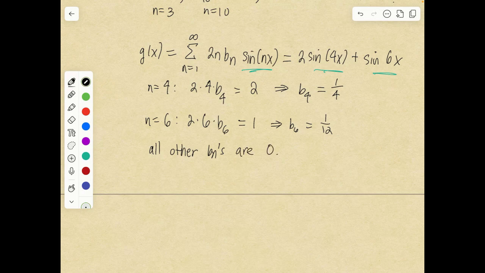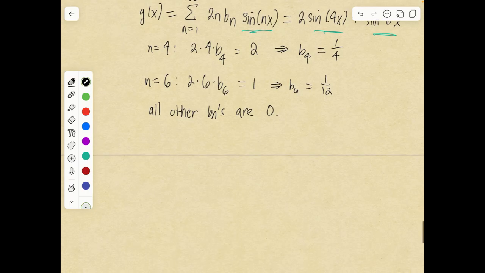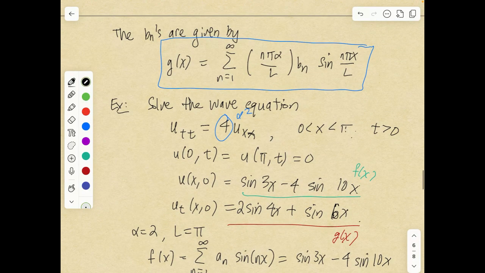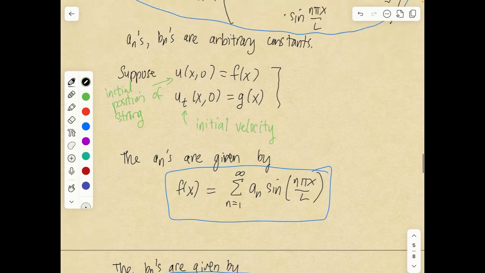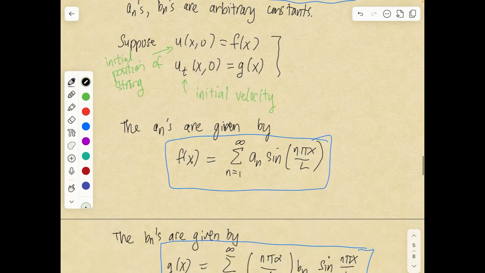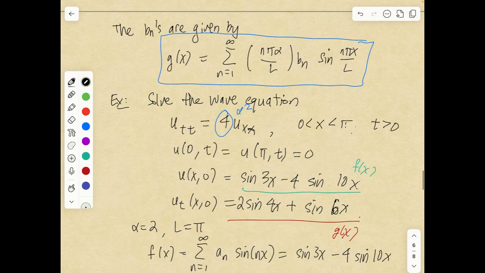So, okay, b4 is 1/4, and then the last one's when n equals 6, so I get 2 times 6 times b sub 6 equals 1. So that's going to give me b sub 6 is 1/12, and then all the other bn's are 0.